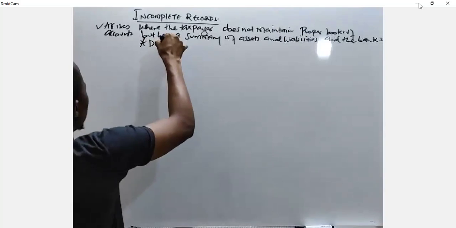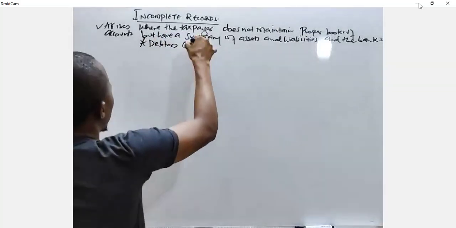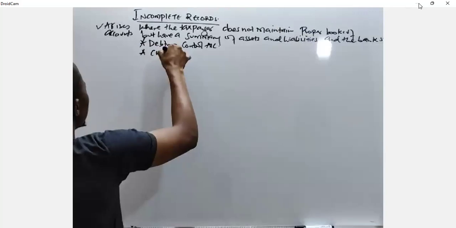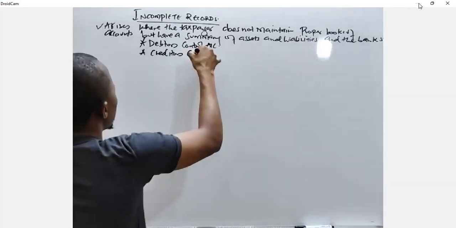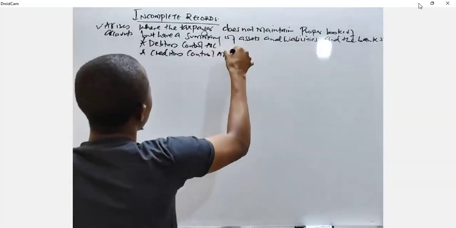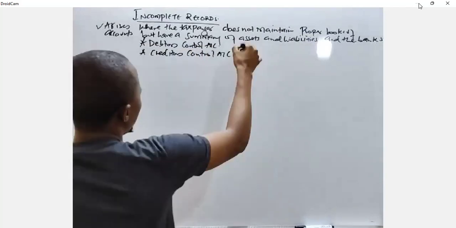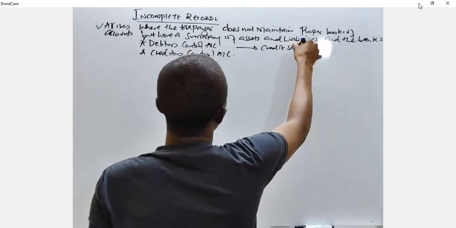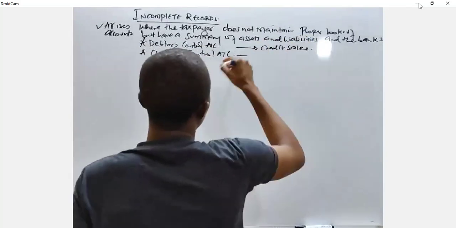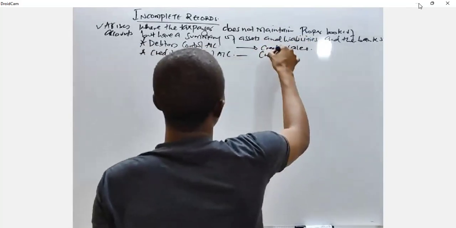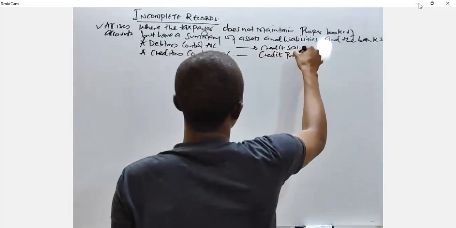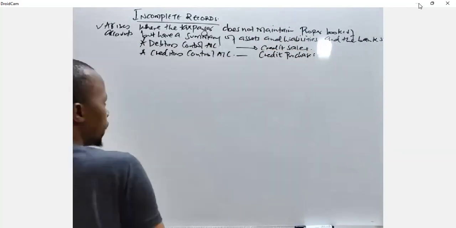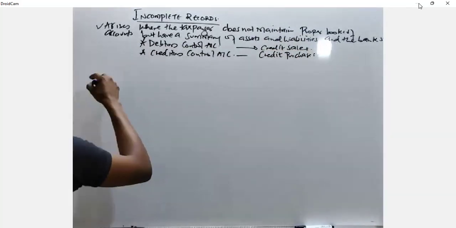We normally have the debtors control account, then the creditors control account. These are the only 2 accounts which we normally prepare. This one determines our credit sales, correct? Then this one, we want to look at our credit purchases, right?